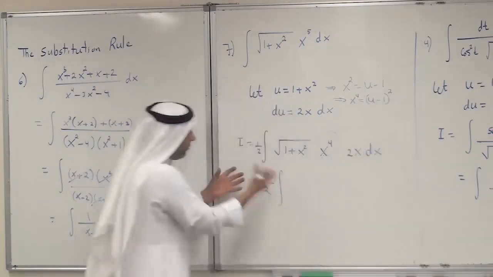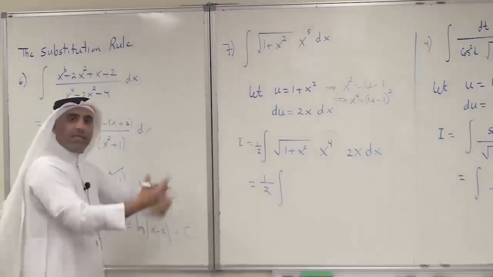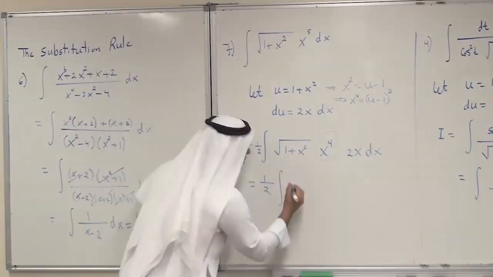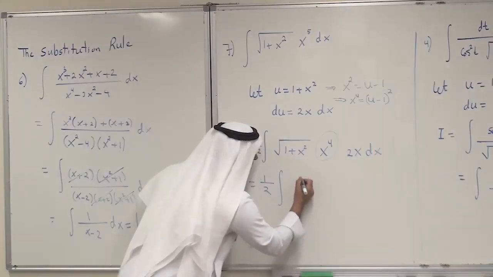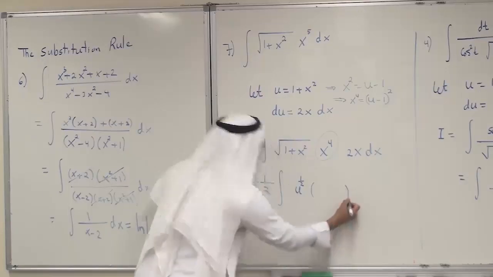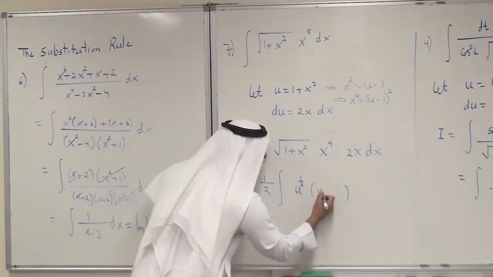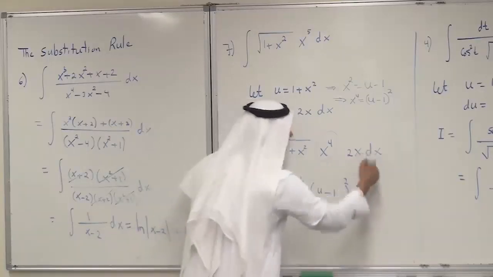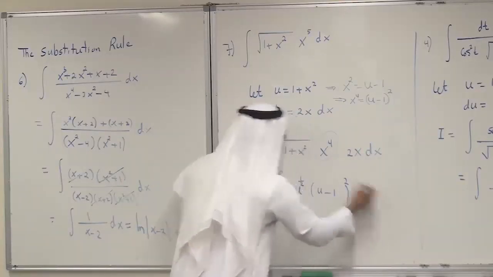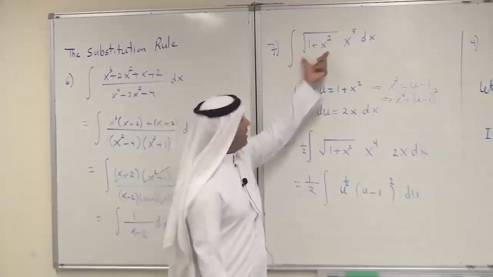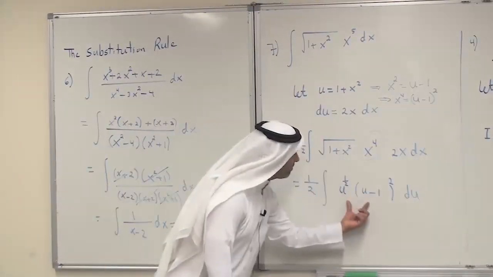Let us look for the new shape now and see if it is easier or not. I will replace this one by u, so this will be u to the power 1/2. What about x to the power 4? X to the power 4 is u minus 1 all squared. What about 2x dx? That is du. Now, this is our original question, and this is the new shape of that question.